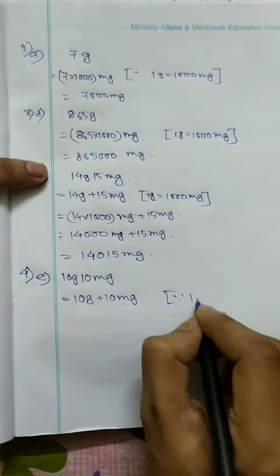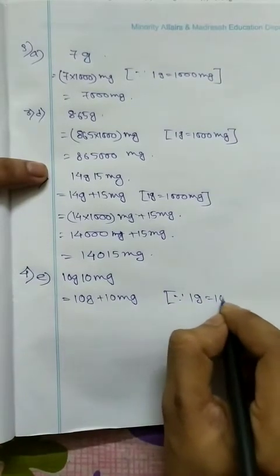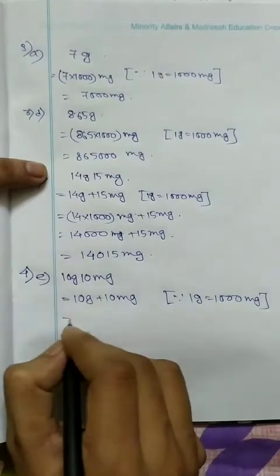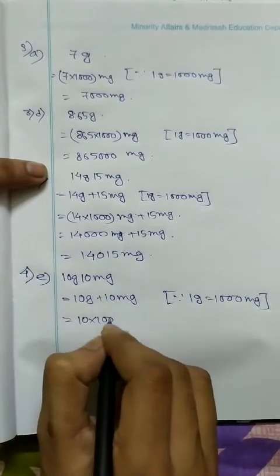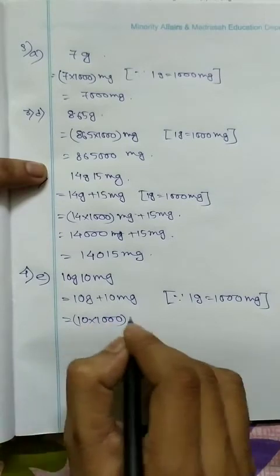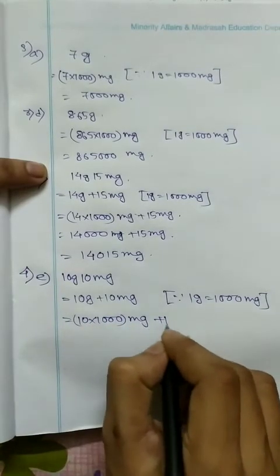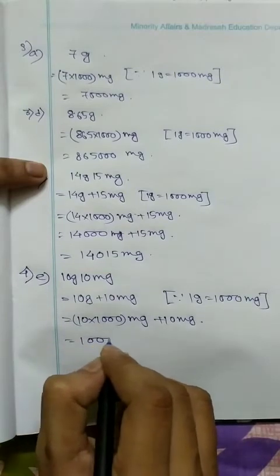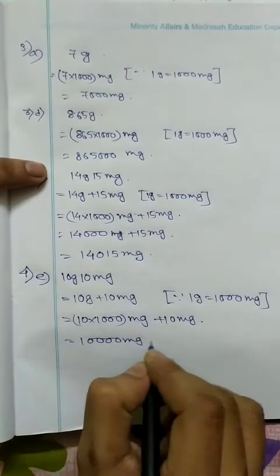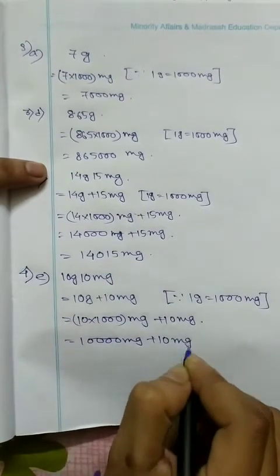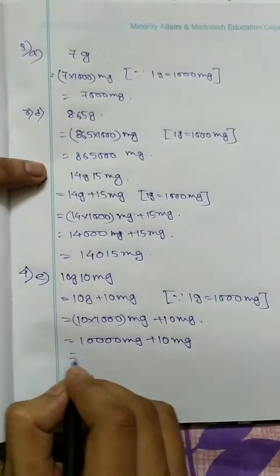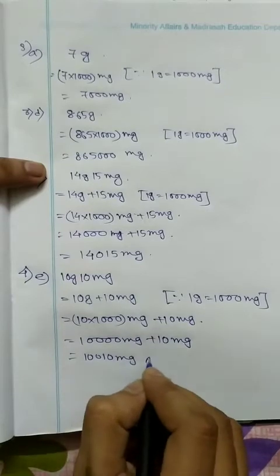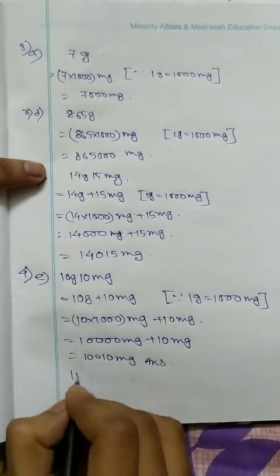We have 1 gram equal to 1000 milligram. 10 into 1000, then gram converts into milligram, plus 10 milligram. Therefore we have 10,000 milligram plus 10 milligram. Okay. Then we have 10,010. This is the answer.